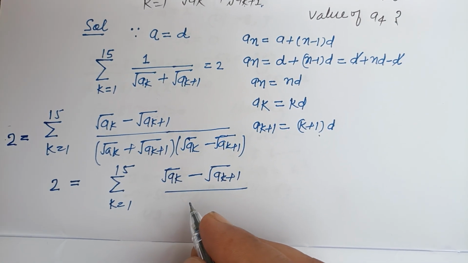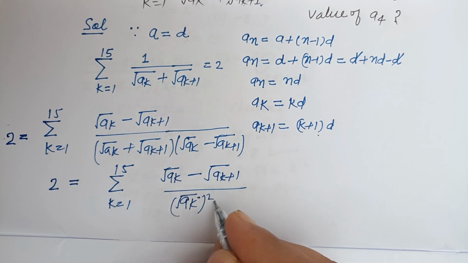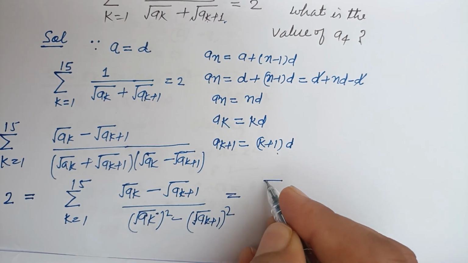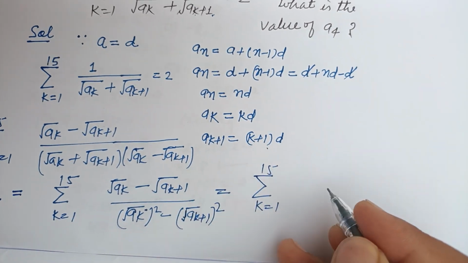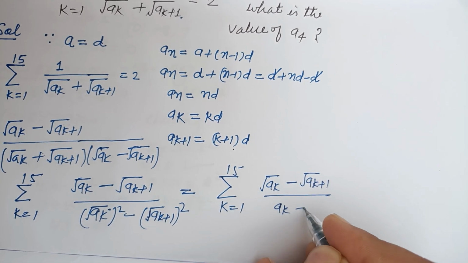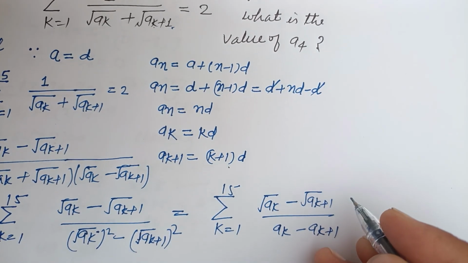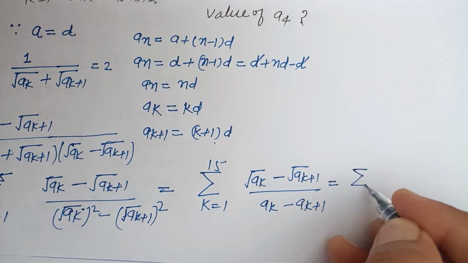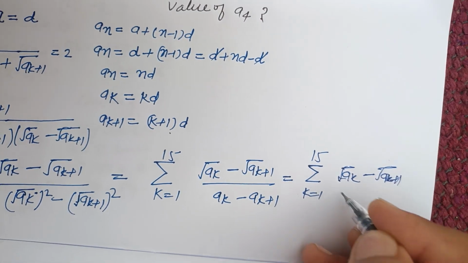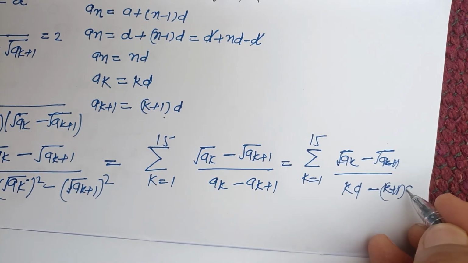So 2 equal to the sum from k=1 to 15, here root a_k minus root a_(k+1) over, using (a plus b)(a minus b), so this is (root a_k) squared minus (root a_(k+1)) squared, equal to the sum from k equal to 1 to 15 of (root a_k minus root a_(k+1)) over (a_k minus a_(k+1)). Here a_k minus a_(k+1), we put the value: a_k is kd, minus (k plus 1) into d.